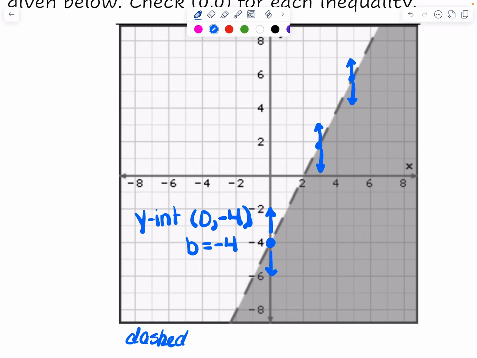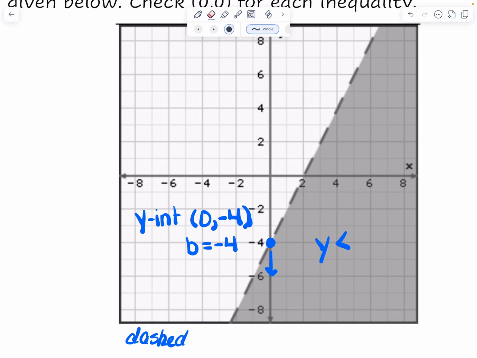And we can see that this one is shaded below, so that means that this one will be y is less than whatever our equation of the line is. Now, if it was a solid line, it would be less than or equal to, but this one is not equal to because it is a dashed line.